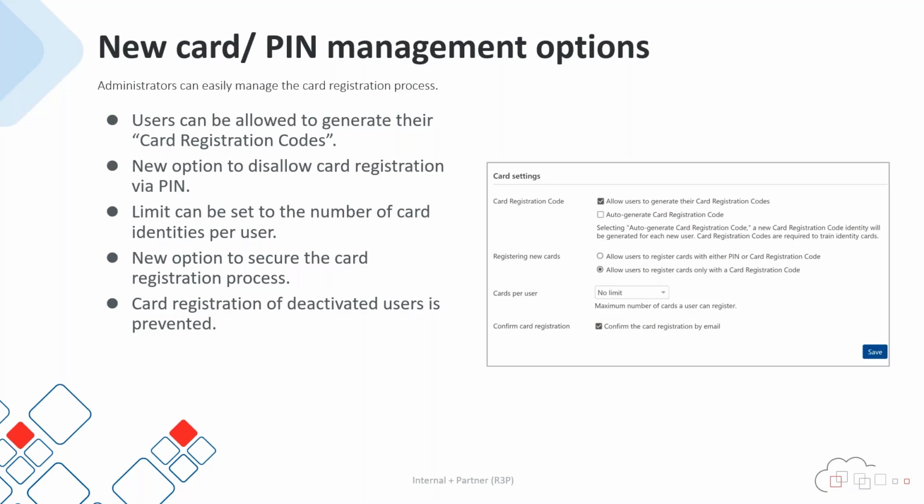So, as I alluded, we are now offering several important settings to enhance end user self-service card and PIN management. Let's start off with the first one. Users can generate their own card registration codes, which give them more control over this registration process and minimizes IT involvement. Now, once enabled, end users can create this code directly at the actual device.